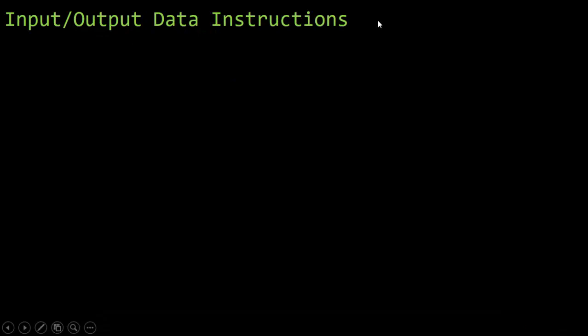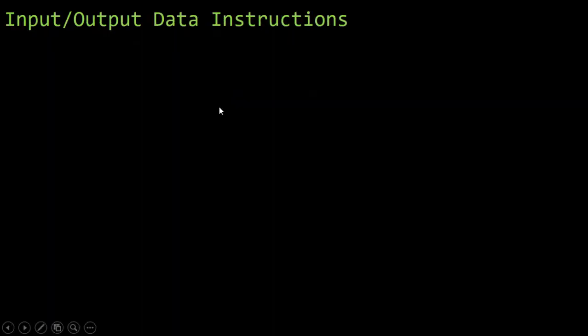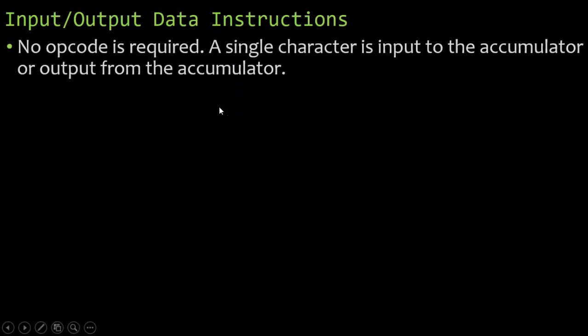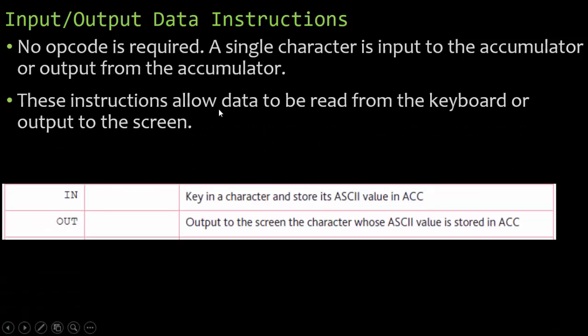So let's get into input and output of data instructions. Here we don't have input and output, but it will show up. No opcode is required here. A single character is input to the accumulator, or it's output from the accumulator. These instructions allow data to be read from the keyboard, or we can output it to the screen. The mnemonic is IN for input, OUT for output.